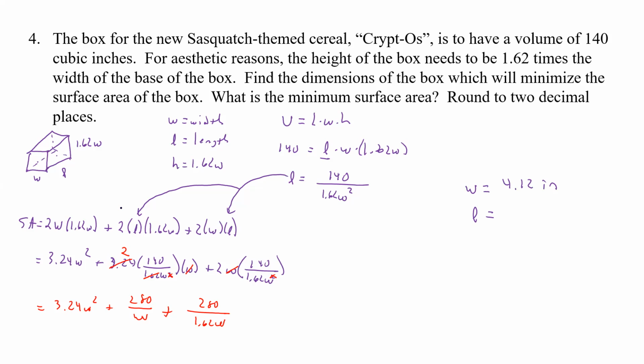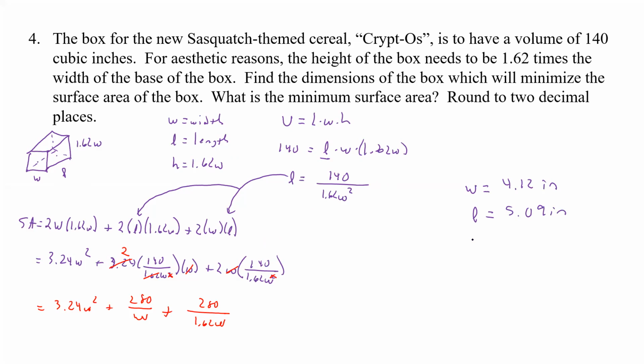All right, let me pause while I get this calculator working. All right, so I couldn't get the squared part in the right place. So we have 5.09 inches for that one. And so now what is our last one we need?